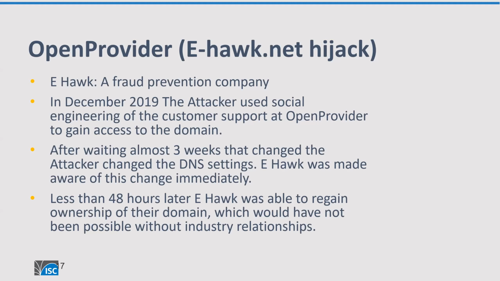In other cases, this is something that could take weeks, months for somebody to be able to prove who they are and get all of this stuff back. So, how did this happen? It was because of the social engineering that happened at the customer support level.